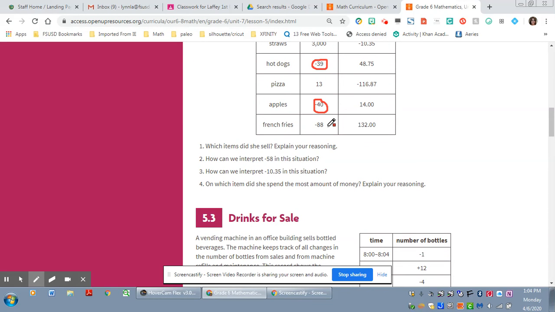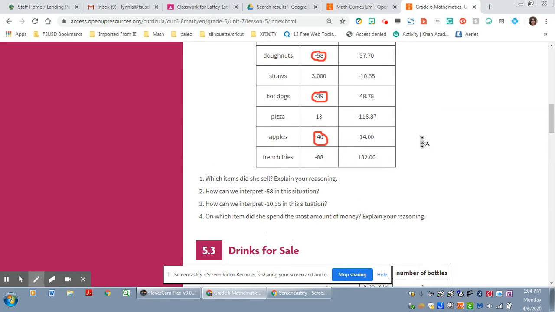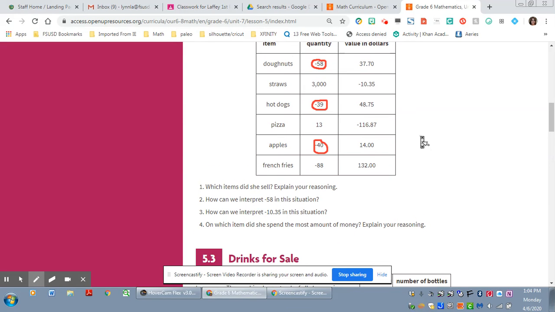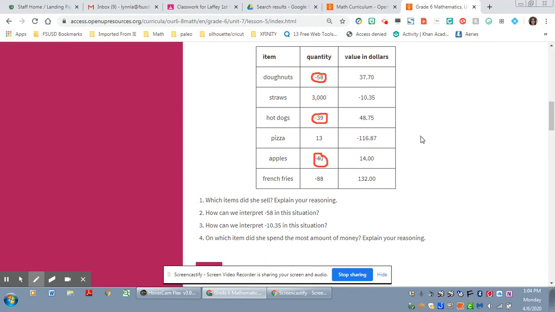And then number 4, on which item did she spend the most amount of money? So you can see here, she spent, so it's a negative number, she spent $116.87.